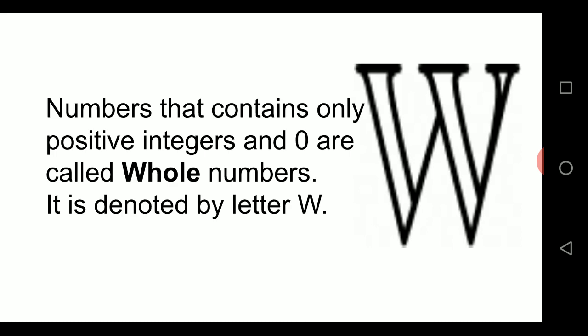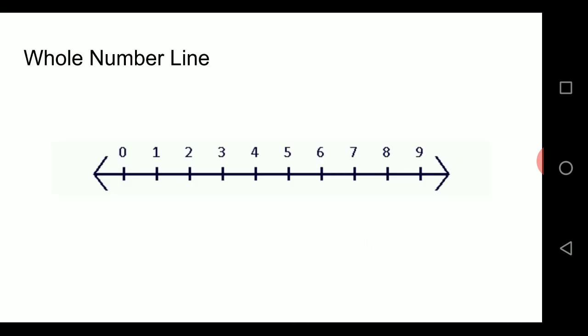Numbers that contain only the positive integers, all the positive numbers from the integers, and 0 included, are whole numbers. Usually a whole number set is denoted by the letter W. This is a set notation, the name of the set.